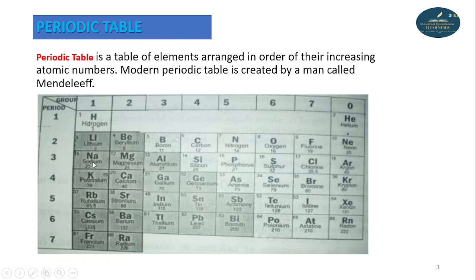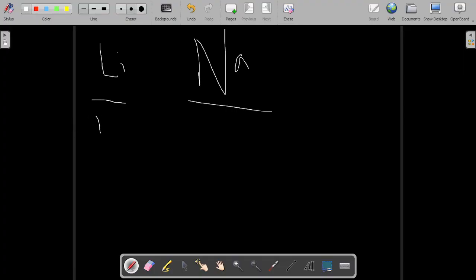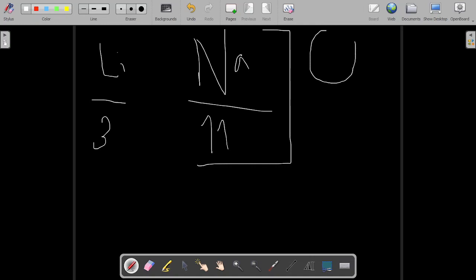And for sodium, what's the atomic number? 1, 2, 3, 4, 5, 6, 7, 8, 9, 10, 11. So this is 3 and 11. Now let's construct this in the shell. Here is the representation of the electrons in the shell.